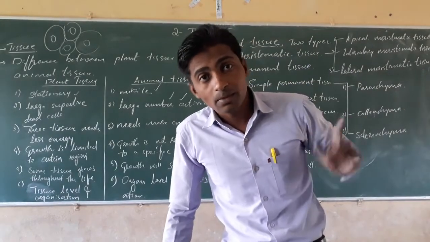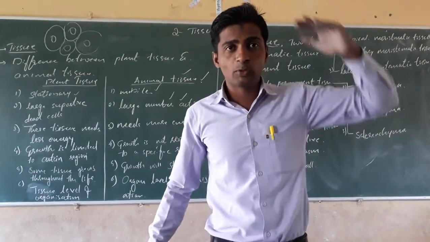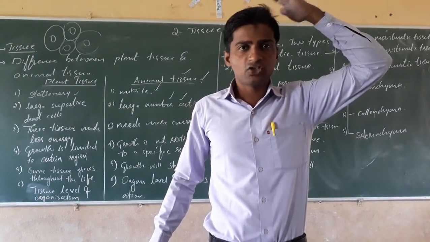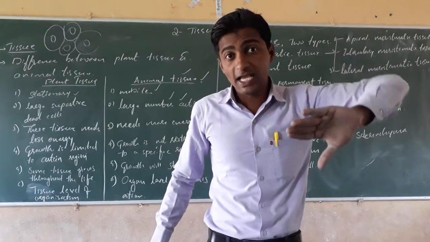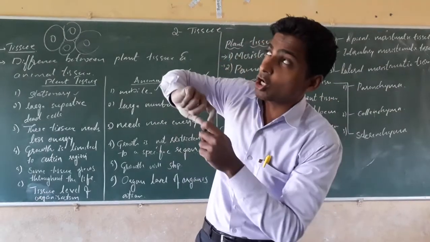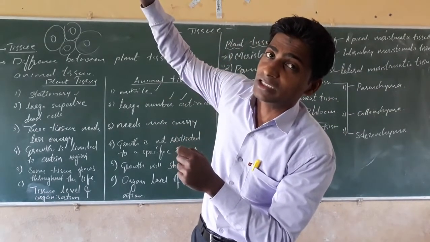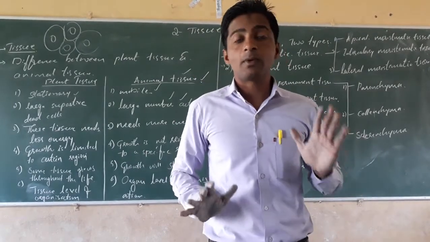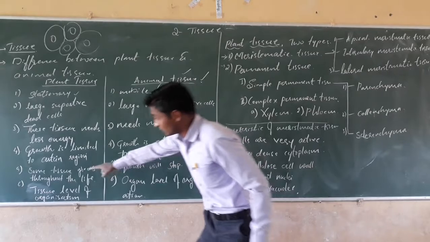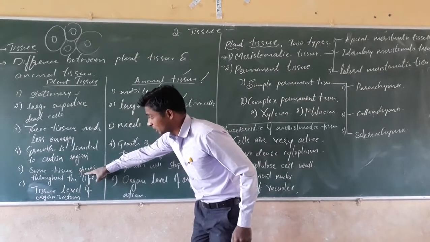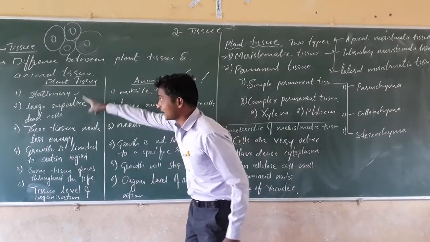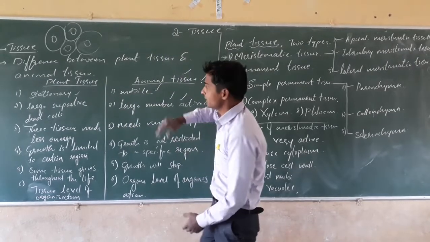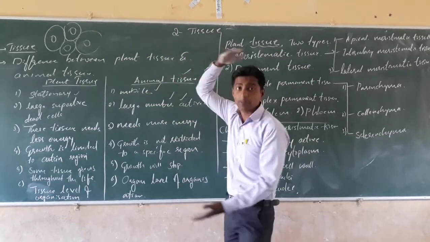But in animals, for example our height, growth stops at a particular age. In plants, growth continues until death, but in animals growth will be stopped.